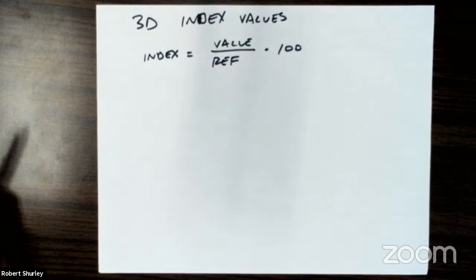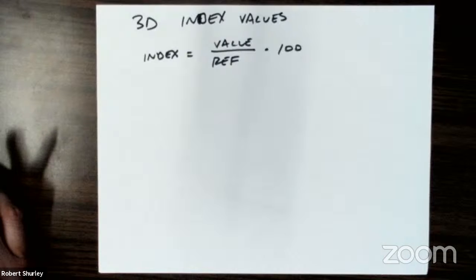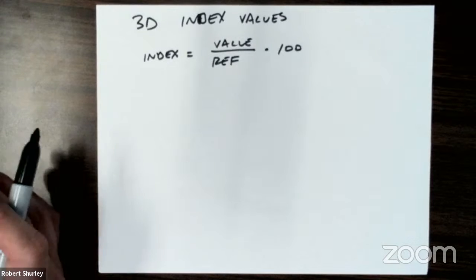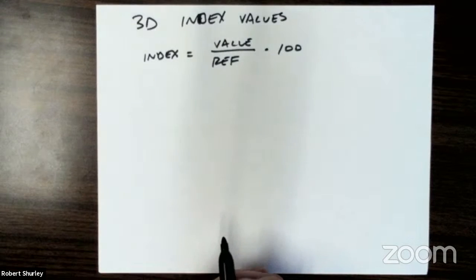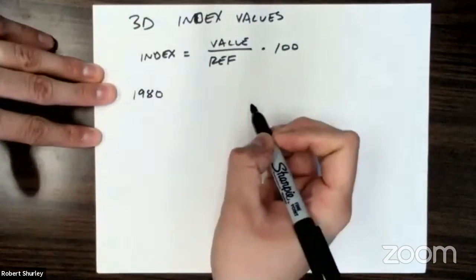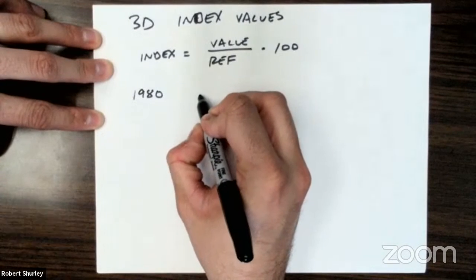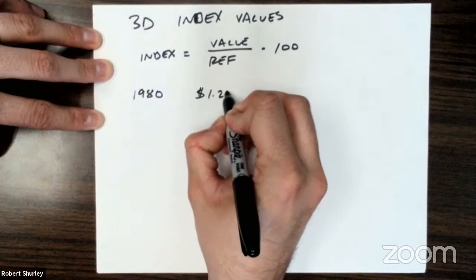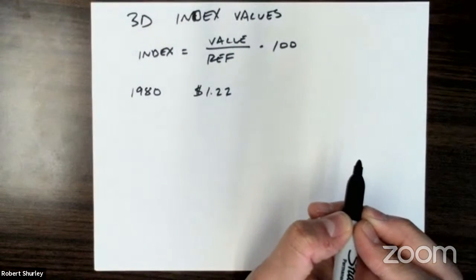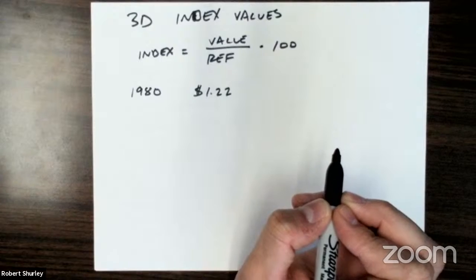On this test, we're going to do a lot of interpretation when it comes to the index number, not just finding it, but also interpreting it. So let's look at two different years. Let's look at 1980, where the price of gas was $1.22. And then let's look at, let's say 2000.